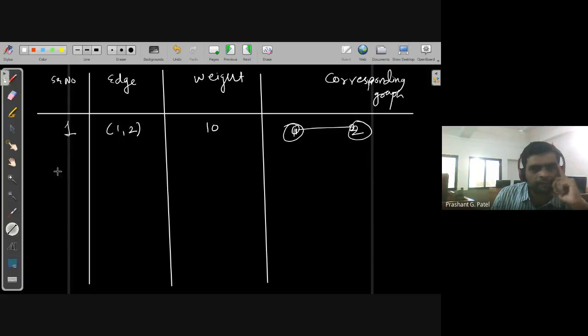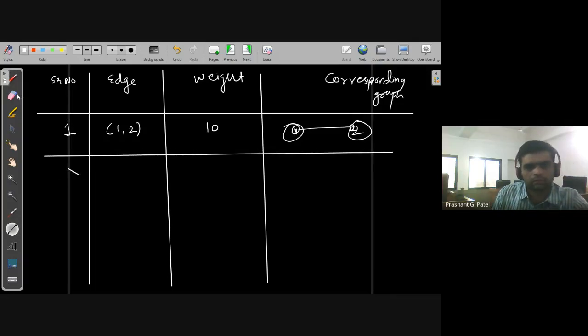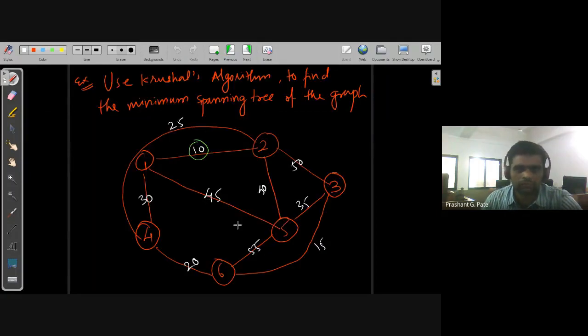Now second. Serial number second. Now you have to select another edge, so as per the rule we need to go. Step number 1, select an edge, and we have to repeat this process. Now the previous one is not selected, and there is no cycle.